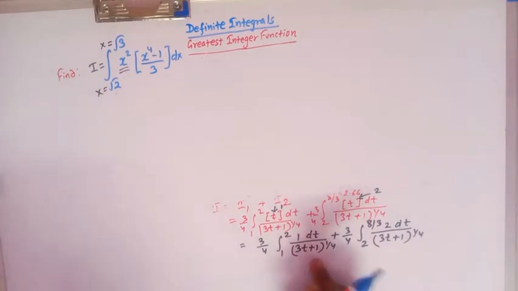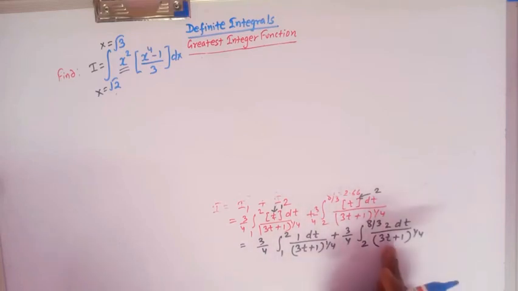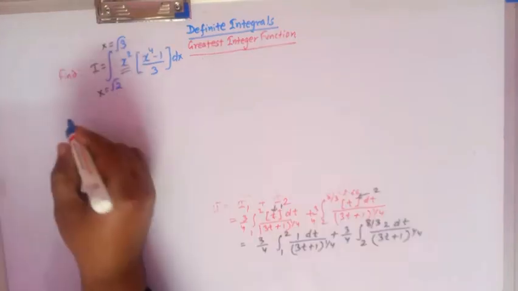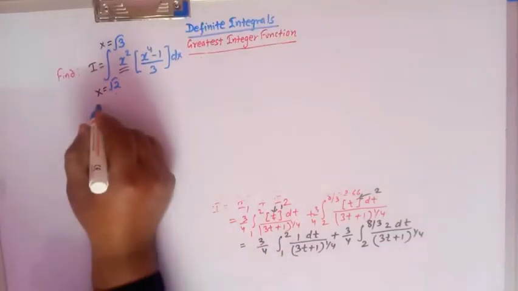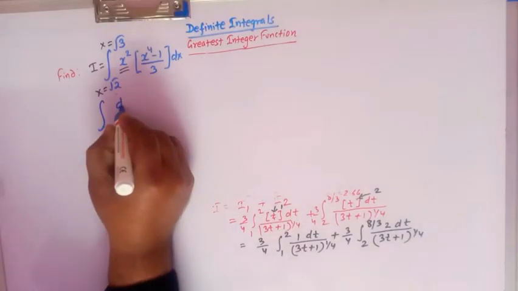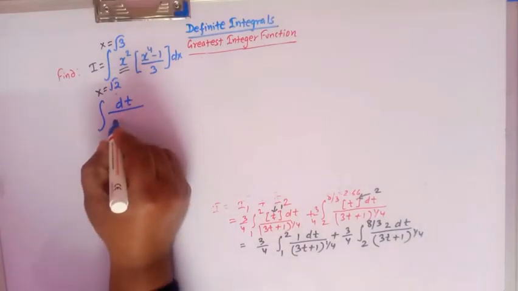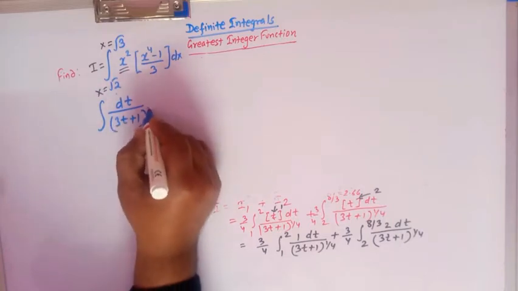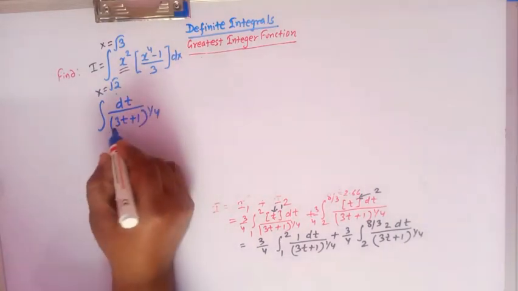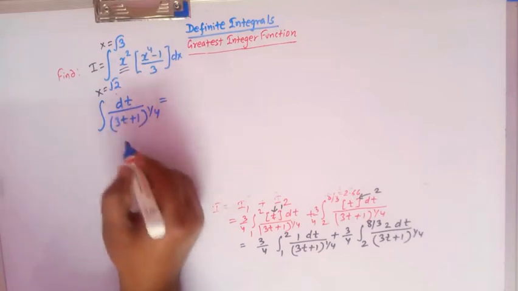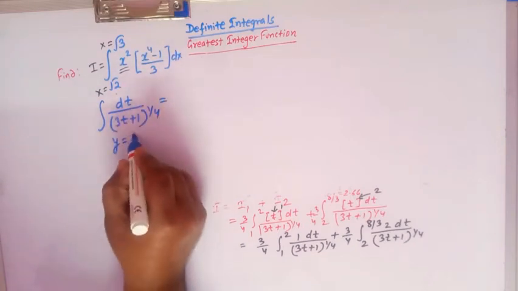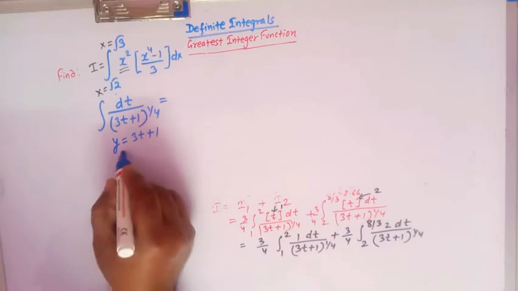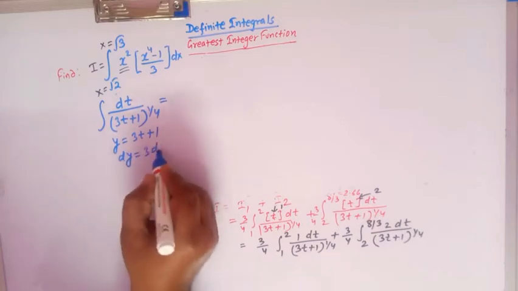So now viewers, in order to calculate this integral, let us consider the indefinite integral dt over (3t plus 1) raised to 1 over 4, right? So if we solve it by method of substitution, we can take y is equal to 3t plus 1, so dy is equal to 3 dt.